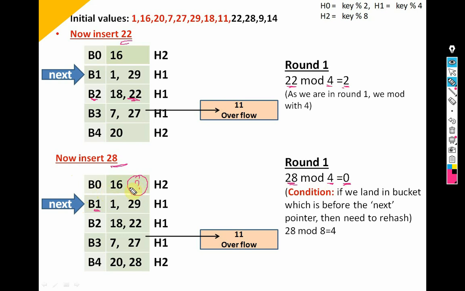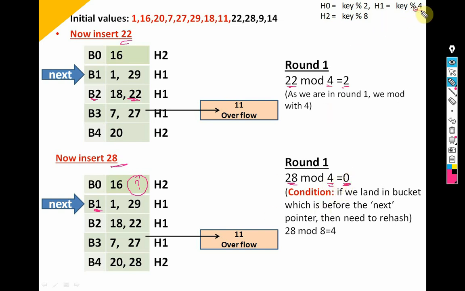Once again I repeat, very sensitive point. I need to place 28. 28 mod 4 is nothing but 0. Means 28 is to be placed in the 0th bucket. So I should place 28 here, but I am not placing. The reason, whenever you perform a hash function, you will get a bucket number. If this bucket number is less than the next pointed bucket, because you got bucket 0, next is pointing to bucket 1, then this is to be rehashed with the next hash function.